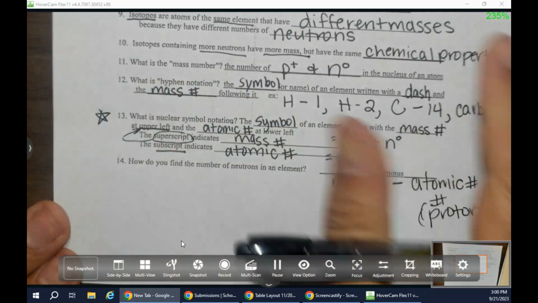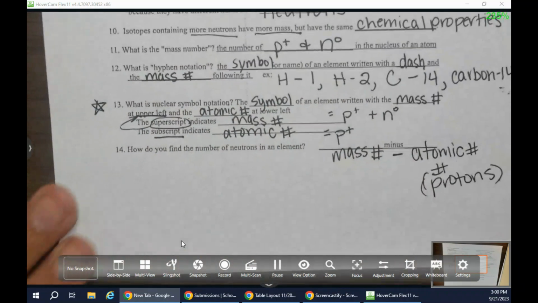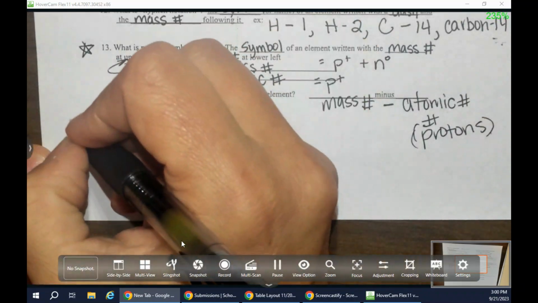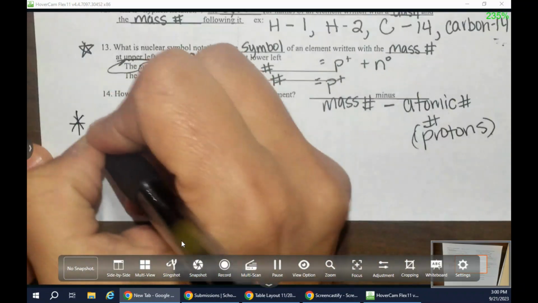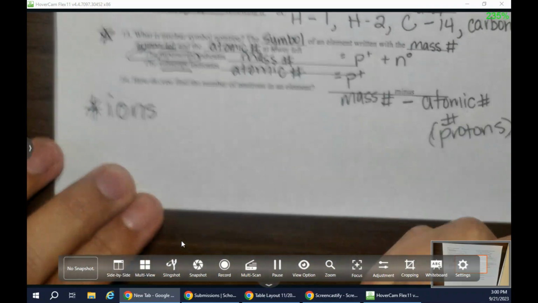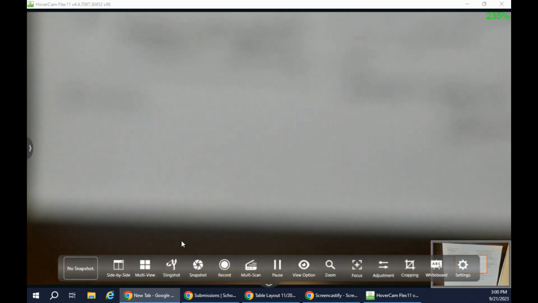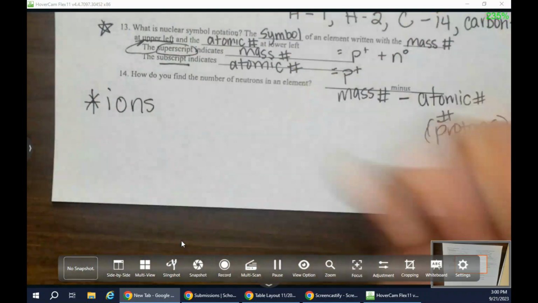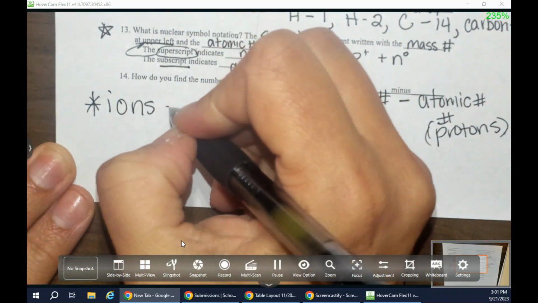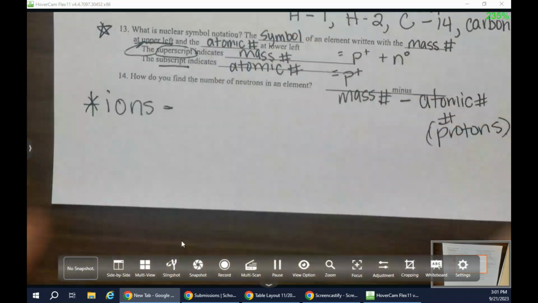You guys are also, because you're advanced, I already introduced you to your ions concept. It's something that we hit a lot more when we get into bonding, because then you learn about ionic bonds versus covalent bonds, those kinds of things. But for now, ions is when we have a charge.